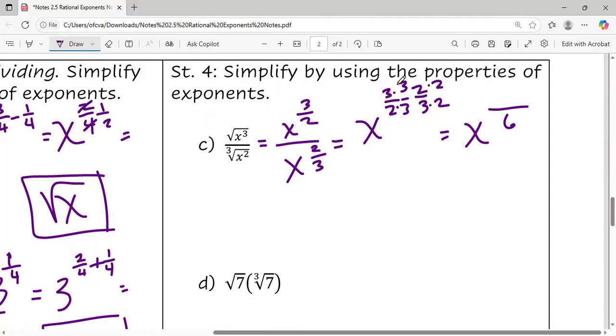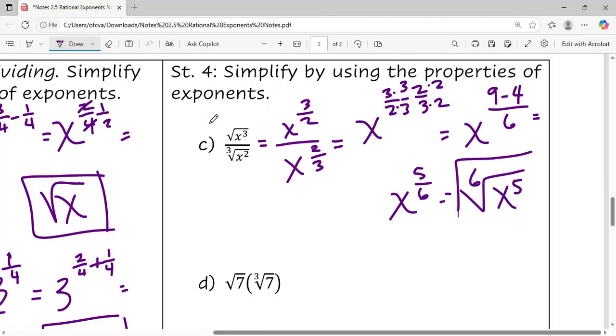This is 3 times 3, that's 9, minus, this is 2 times 2, that's 4. So this becomes x to the 9 minus 4, that's 5 over 6. And that's your answer for that one. Now, because we were given the question in radical form, we should go ahead and change it to radical form. So it's the 6th root of x to the 5th power. And that's the answer there.